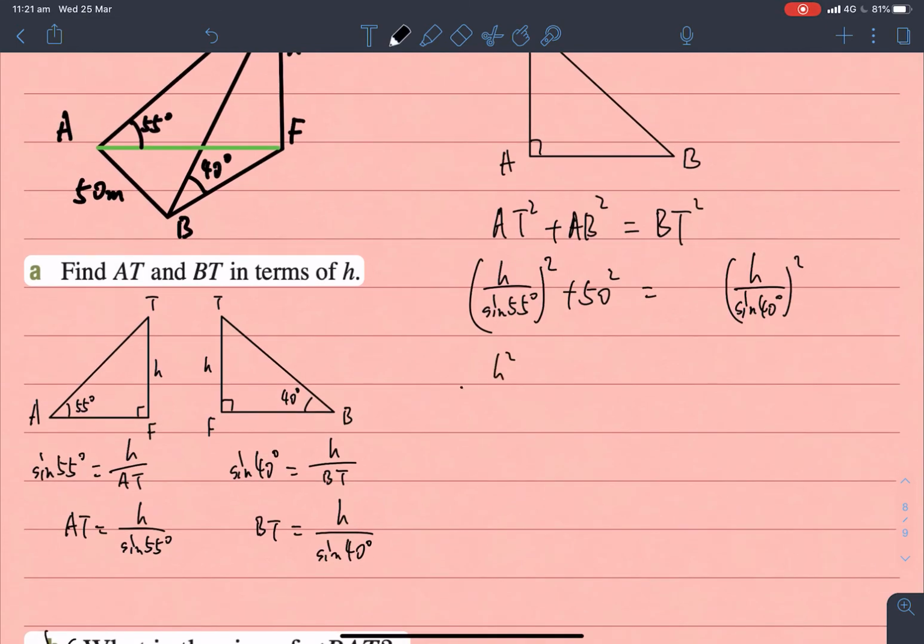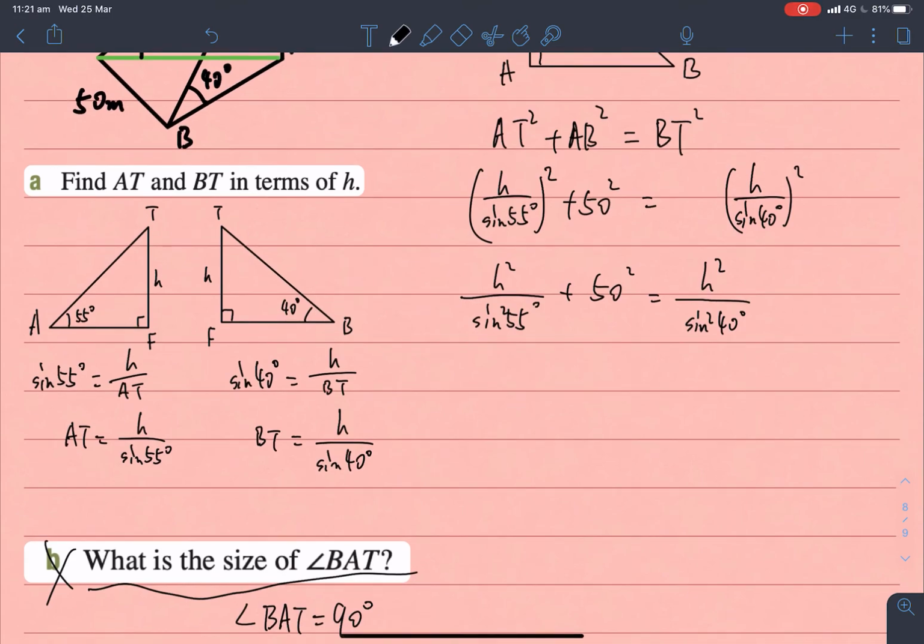So H square over sine square 55 degrees plus 50 square equals H square over sine square 40 degrees.